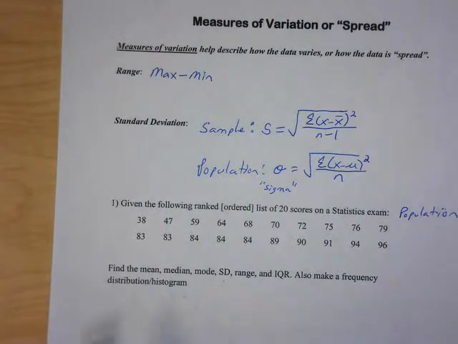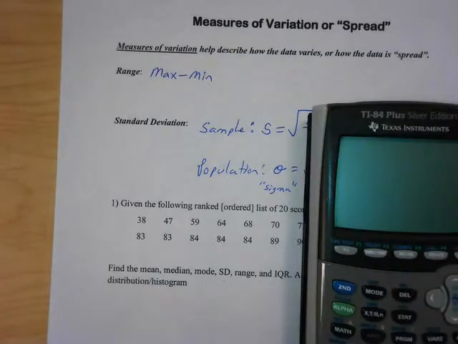To find the mean, again, I'm going to focus on the calculator. Now we could do 38 plus 47 plus, and so on, and then divide by 20 to get the mean. But what we're going to do is use the features of our calculator.